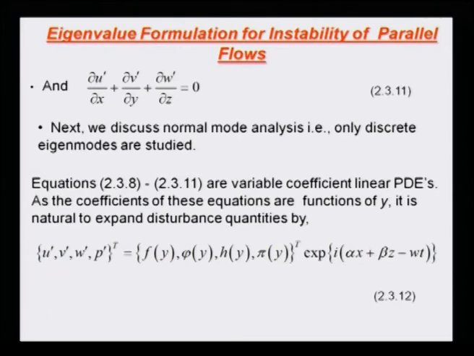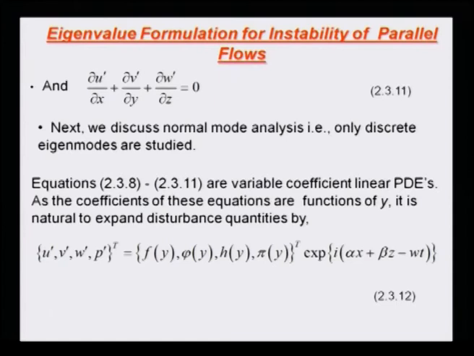Next, we discuss what is called a normal mode analysis. This is something that people have been doing now for nearly 100 years, and what it basically does is try to study one mode at a time.